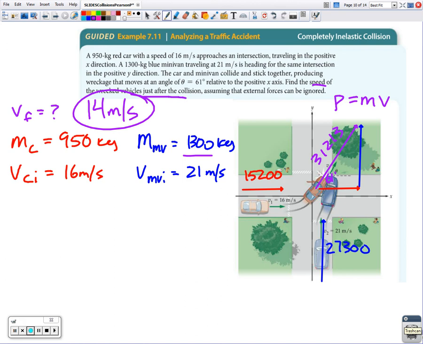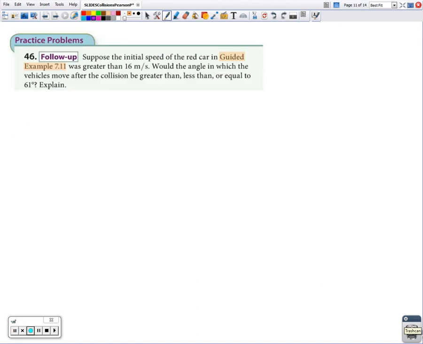Along those lines, for the follow-up question, it says, if the initial speed of the red car was greater than 16 meters per second, would the angle be greater than, less than, or equal to 61? It's going to be less than 61, right?